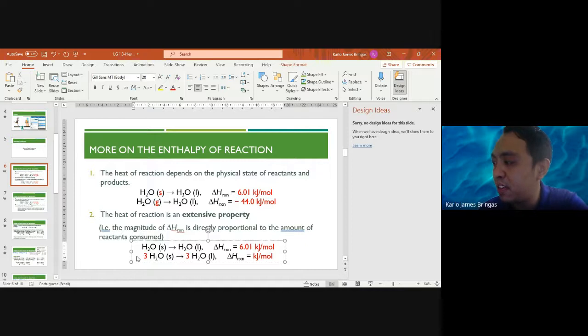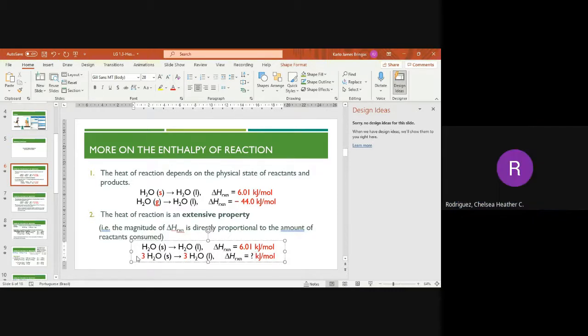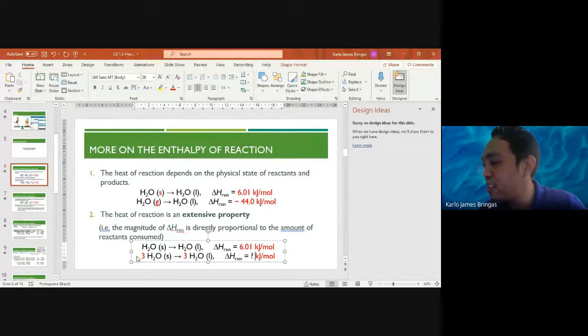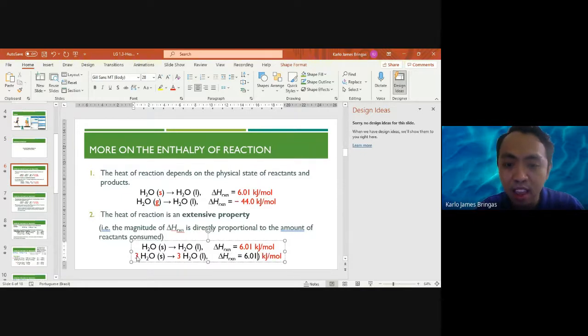Any guesses how much this is? 18.03, okay. Chelsea and Sandra also. So that's correct. The original value, we just multiply it by 3, thus giving us the new value of delta H reaction, which is now equal to 18.03.